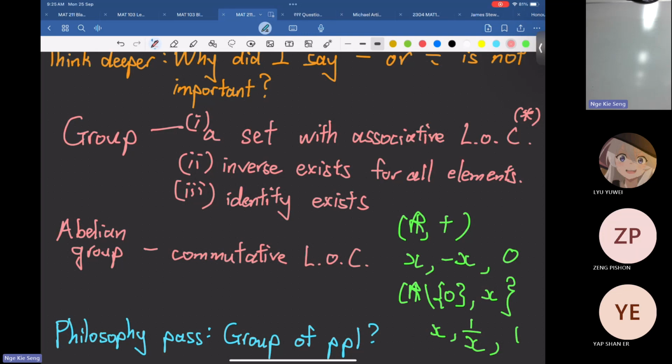Inverse exists, meaning you can go to this person and that person, and they are equal. It's not like if I form a group with Siyu and Jimbo, but Jimbo only tells things to Siyu and doesn't tell things to me. Then am I still in the group or not?